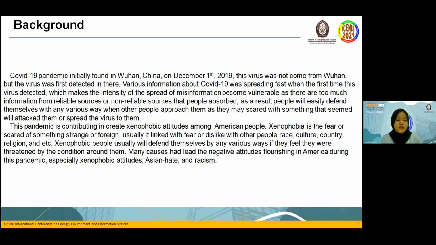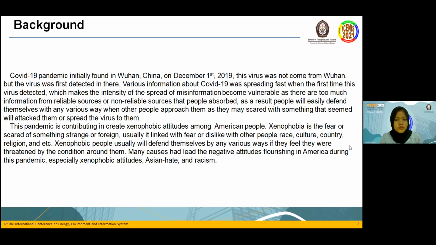Background: the COVID-19 pandemic was initially found in Wuhan, China on December 1st, 2019. The virus did not come from Wuhan, but it was first detected there. Various information about COVID-19 spread fast when the virus was first detected, which made the spread of misinformation intense, as there was too much information from reliable and non-reliable sources that people absorbed.